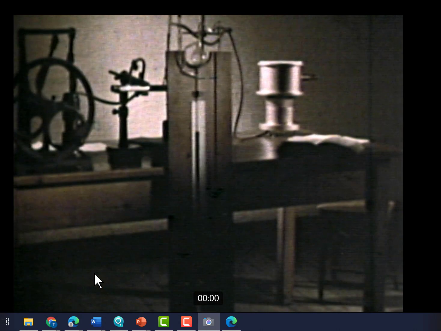The hose here is hooked all the way to a vacuum pump because they don't want air. Air's atoms, right? So you don't want to hit any atoms of air, so they take a vacuum pump and suck all the air out of here too.